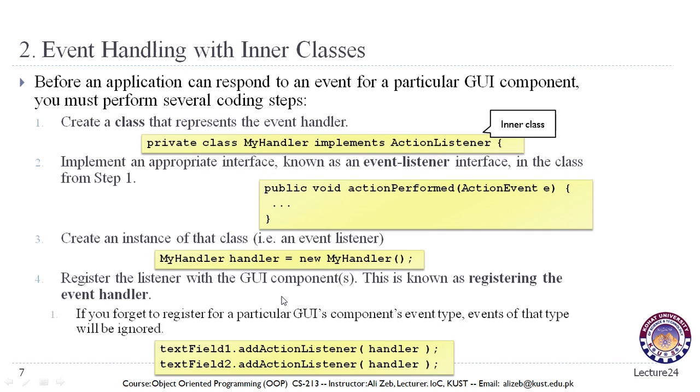For example, if you have a button and we want that button to do something, then we will need to create an object of this inner class, for example this one, and then we associate that object with that button. In this case we are associating this object with the text field on our form.